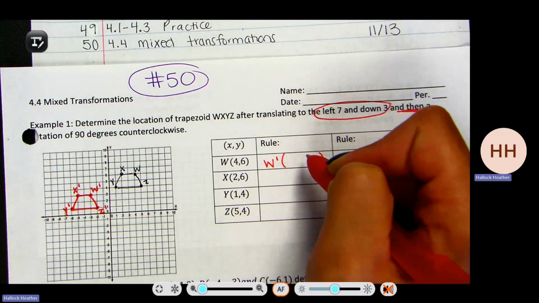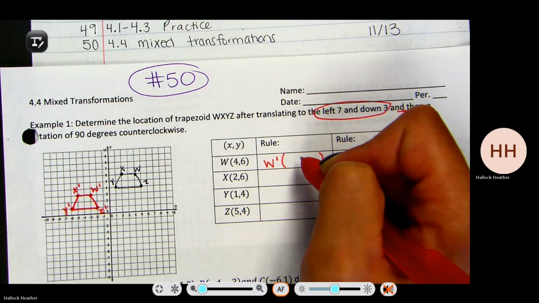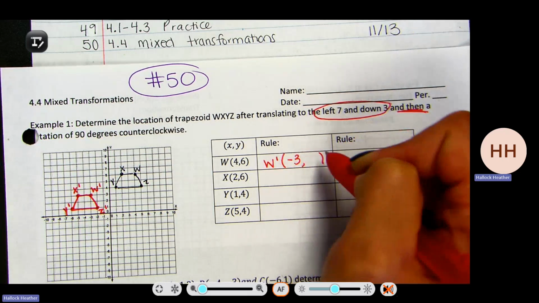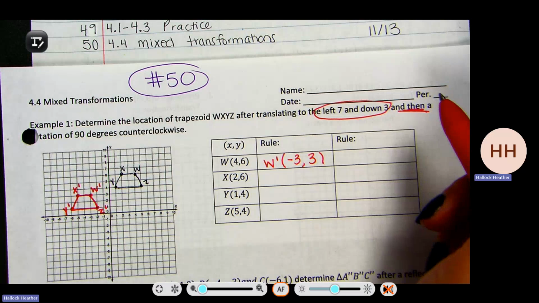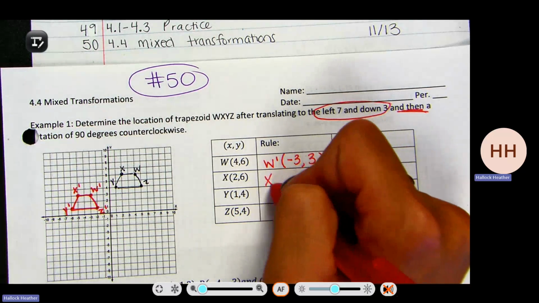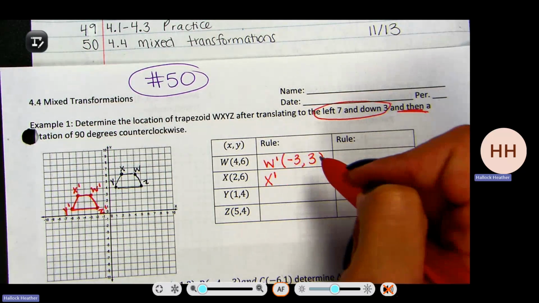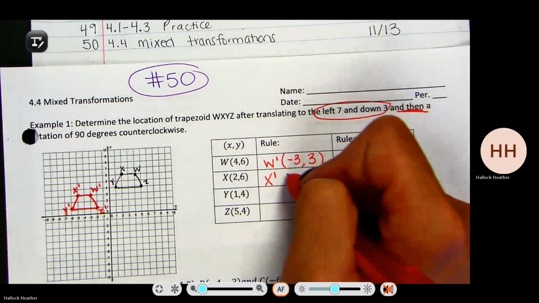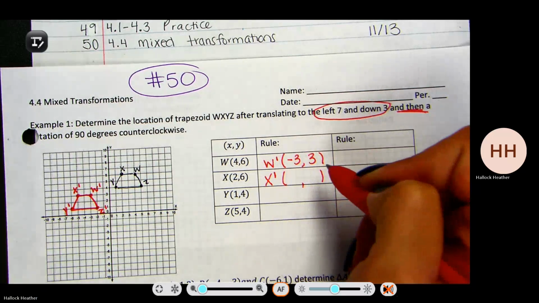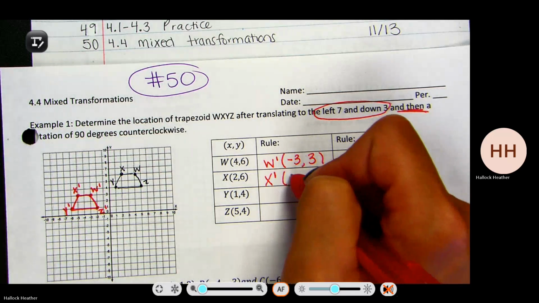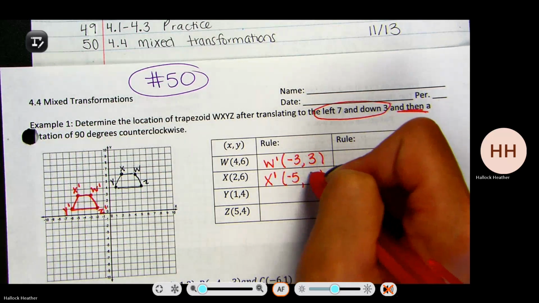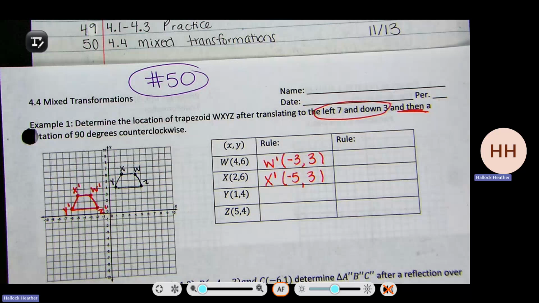-3 and 3. Because you have to go down. You're going left and you're going down. The next coordinate point says it's X. So where's X at? -5, 3.